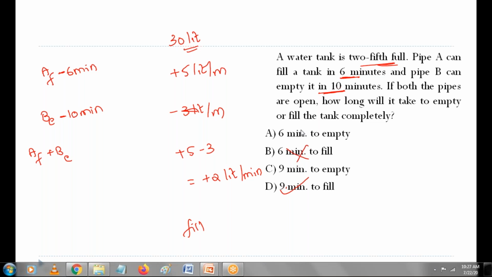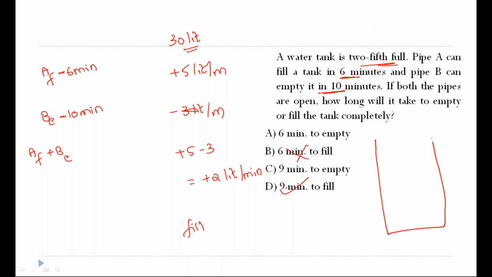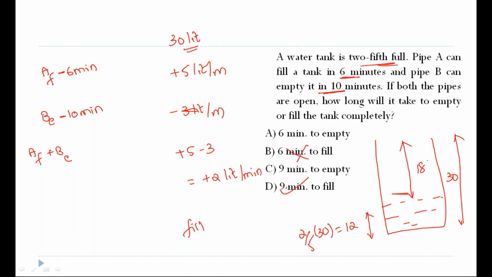But my dear friends, what is there? Okay, see this. Tank is 2 by 5 full. As we discussed, the total tank capacity is 30 liters. 2 by 5 full means 2 by 5 of 30, nothing but equal to 12 liters available. But if you want to fill, you still have to fill 18 liters. Filling means making the tank full capacity.